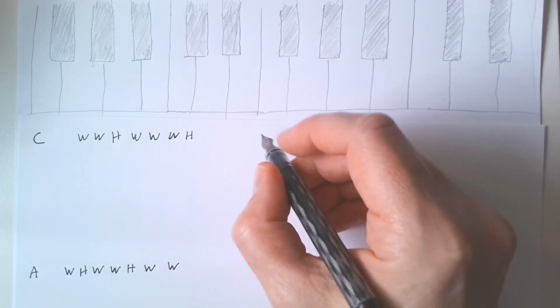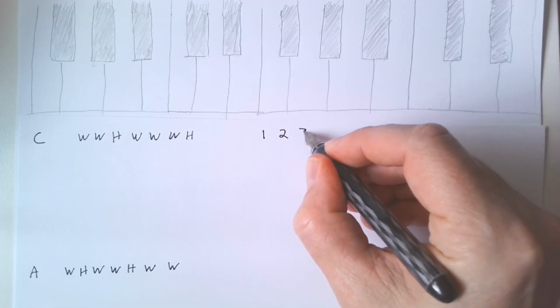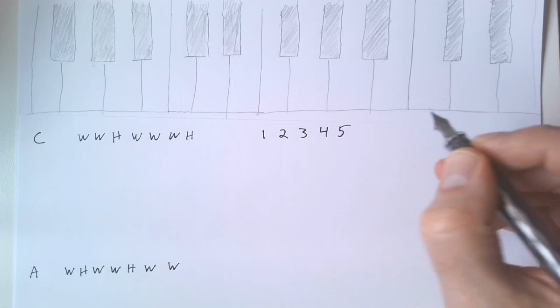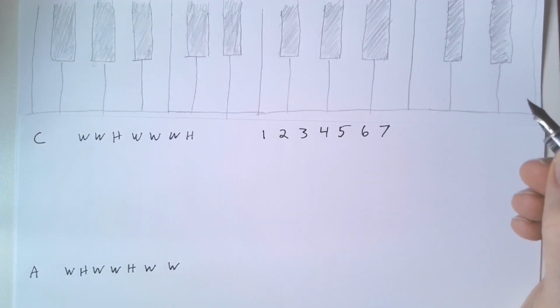All right? We also said that in the key of C, this was going to be a pattern in the scale that is the 1, the major 2, the major 3, the perfect 4, the perfect 5, the major 6, and the major 7.